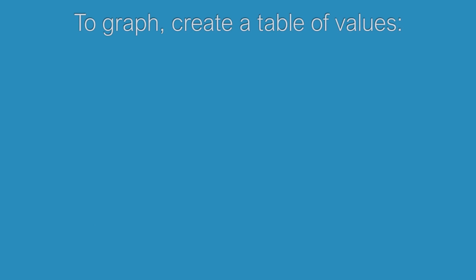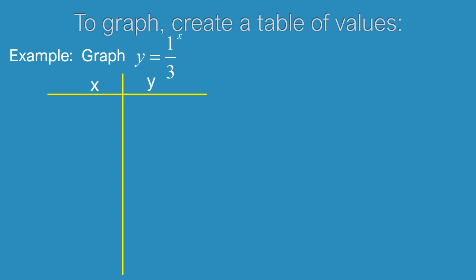And let's try another one. Let's try the inverse of that. Let's try y equals 1/3 raised to the x. I'm going to do it the same way. We're going to create an xy table. I'm going to pick -2, -1, 0, 1, 2. I'm going to plug it into my function. So now I have y equals 1/3 to the -2. So if I had 1/3 just squared, that would be 1/9.